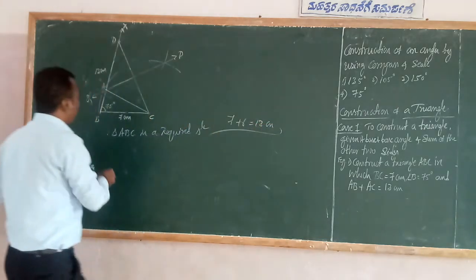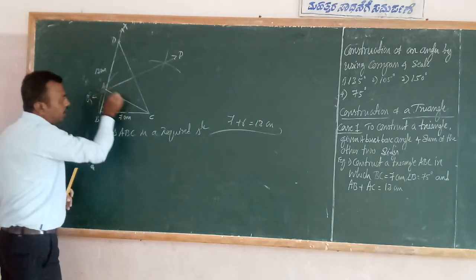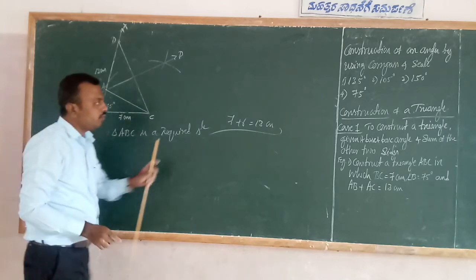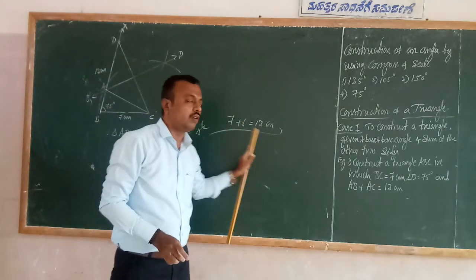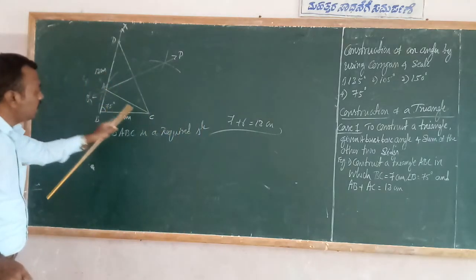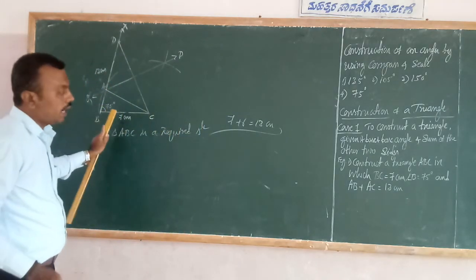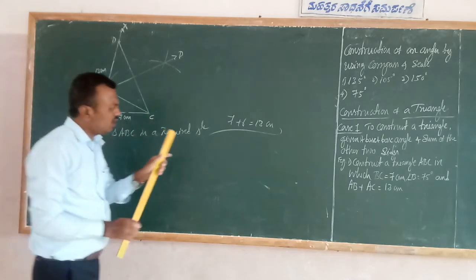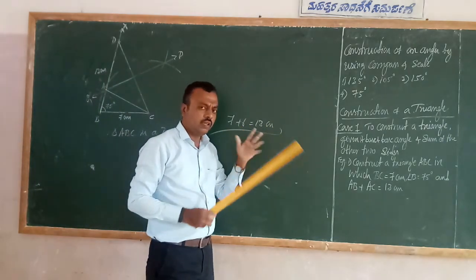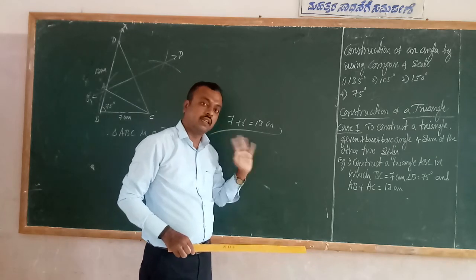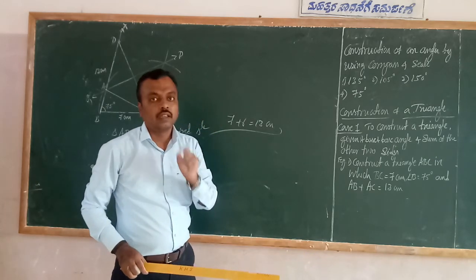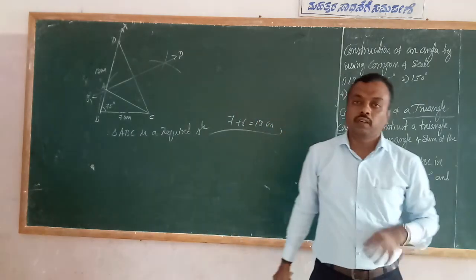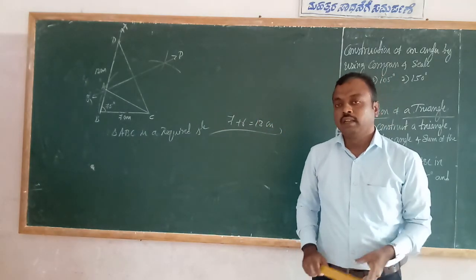If you measure AB and AC, the sum of these two lengths of the sides becomes 13 centimeter. This should come. If you measure AB and AC and add them, and you get 13 centimeter, then what you have done is correct. Or 13.1, 13.2, it's okay, no problem. 12.9, it's also okay. One point is an exception, but more than one point is wrong. It becomes an error. Be careful.